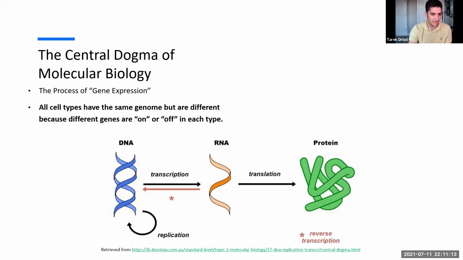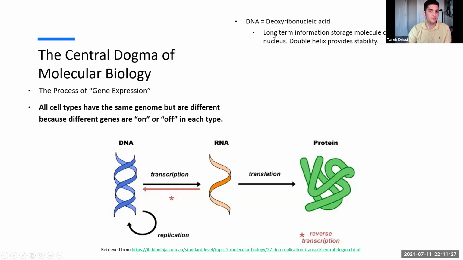This is a really, really big idea that occurs in molecular biology. So DNA is in the nucleus. It's that classical double helical structure that we see. DNA stands for deoxyribonucleic acid. It's a molecule that contains a sequence.